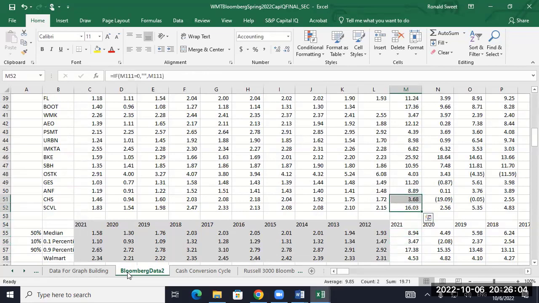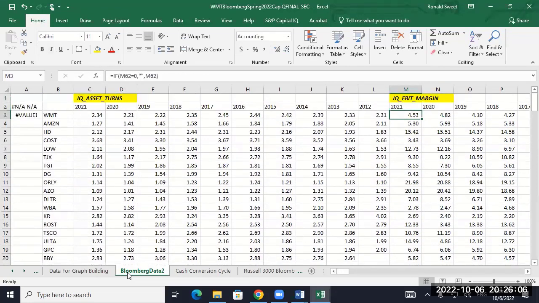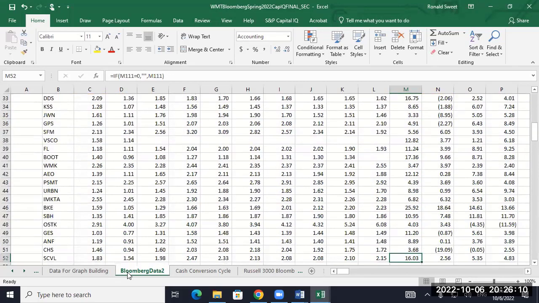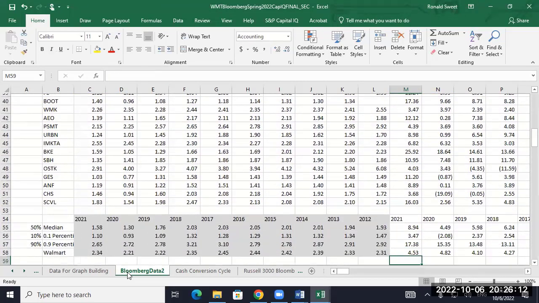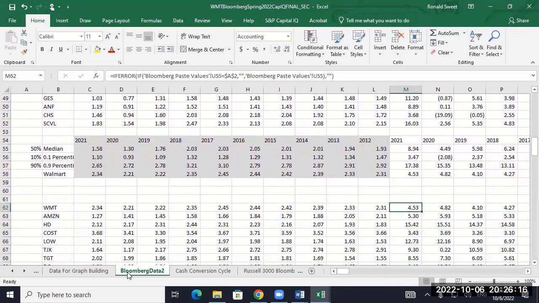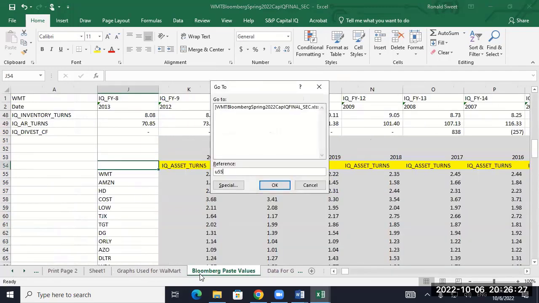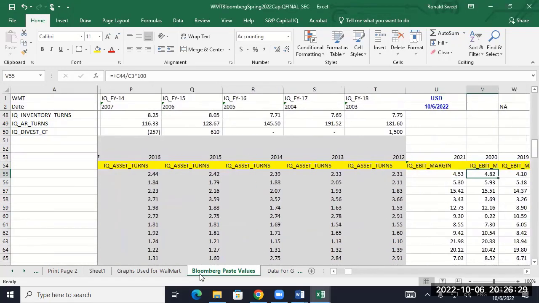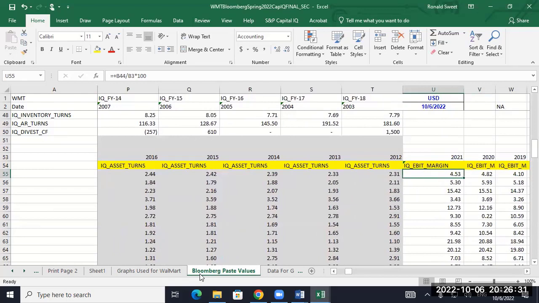So M58 is using M62. M62 is using Bloomberg Pace Values U55. See how you have to go around the world here. So it's EBIT, all right? After all of that, we found I'm using EBIT margin.